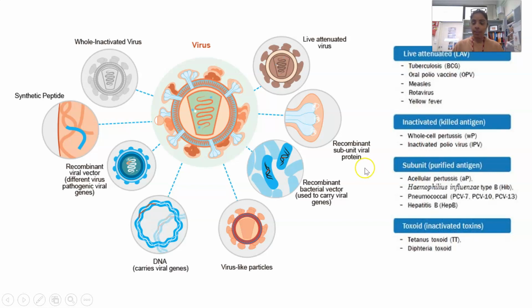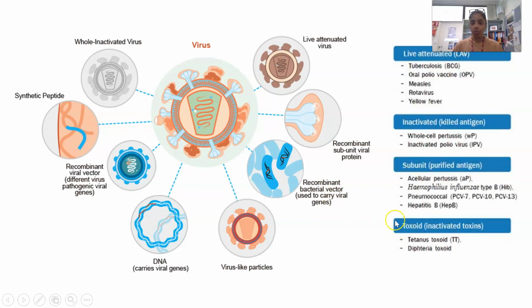We will talk about that in the biotechnology topic in semester 2, but essentially what we may do is take out some of the viral DNA, and we will amplify that and use that to stimulate an immune response.